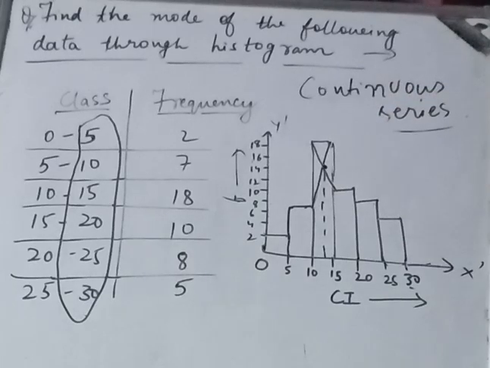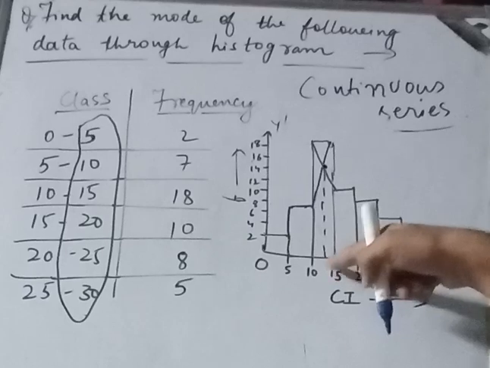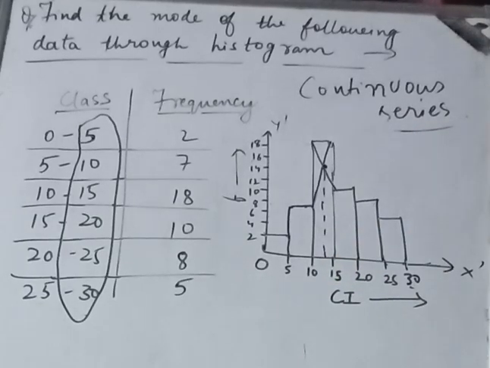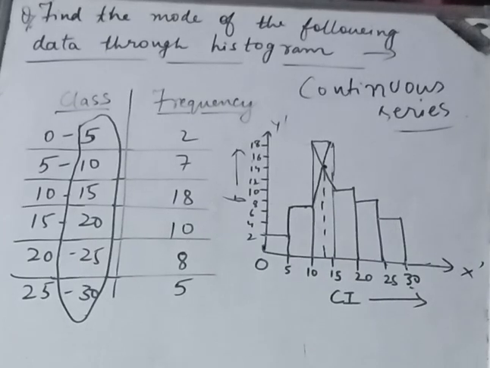It must be very straight perpendicular, and where it is lying, that observation will be the mode. That means between 10 to 15 you will see at which block this line is going to intersect, and that will be your mode.